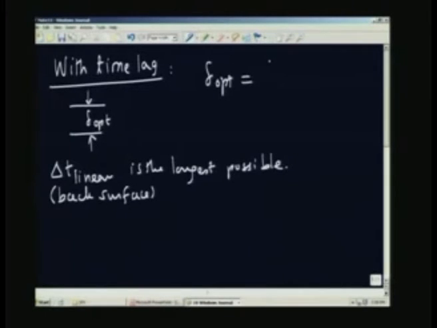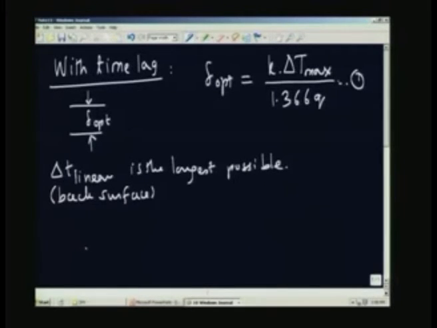If the thermal conductivity of the material of the slug is K, and the maximum temperature it can withstand gives delta T max, that is the maximum temperature minus initial temperature, then delta optimum is K delta T max divided by 1.366 into Q, where Q is the input heat flux. This is one formula.